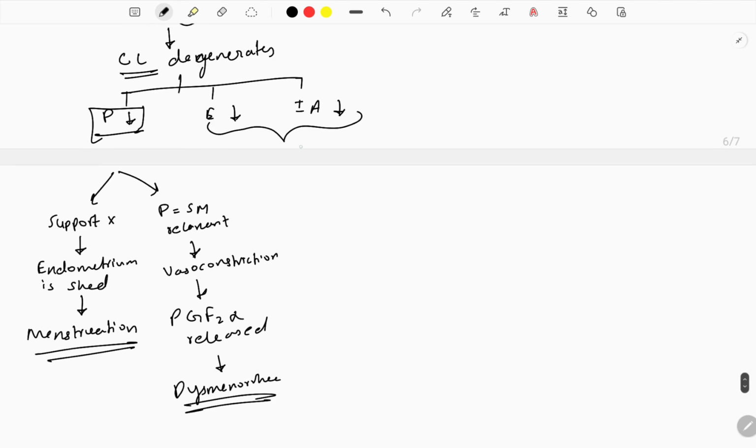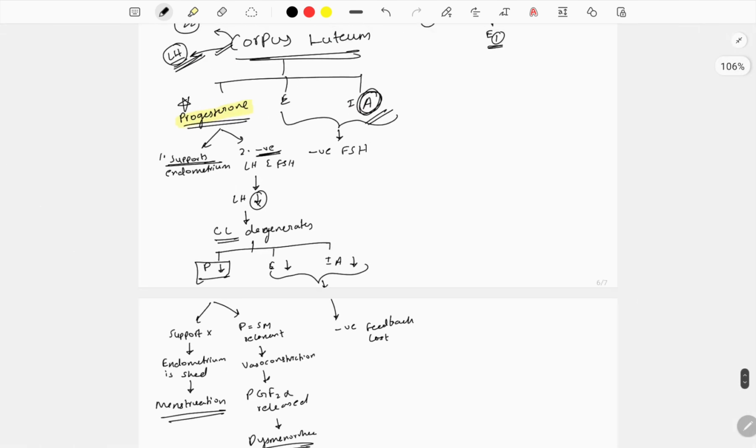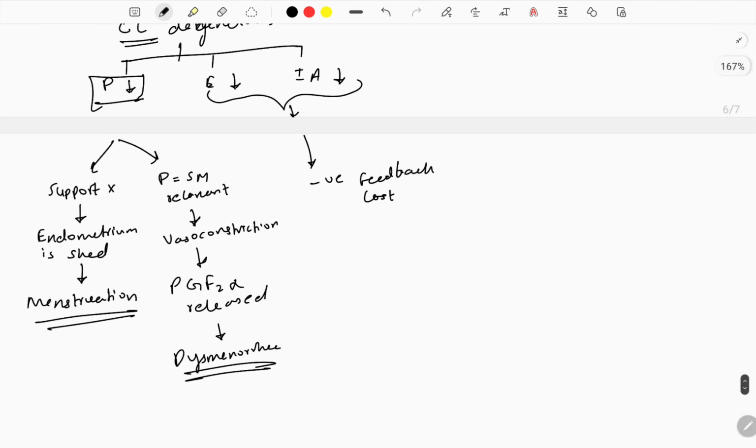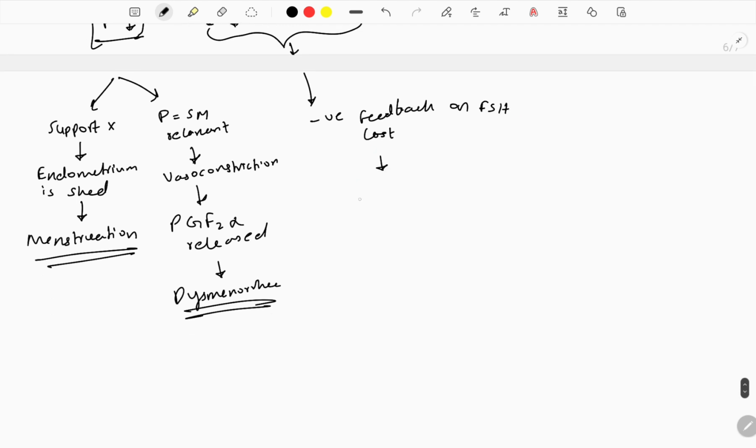Because the estrogen and inhibin are decreased, negative feedback is lost. We learned here that both of them have negative feedback. So the negative feedback on FSH is lost. So what happens? FSH increases.